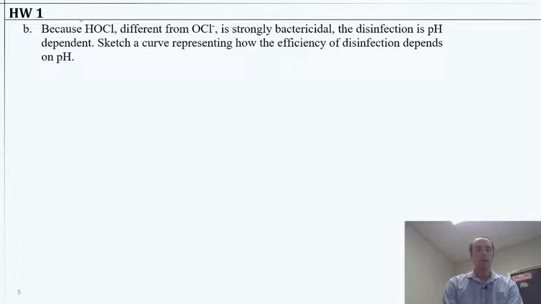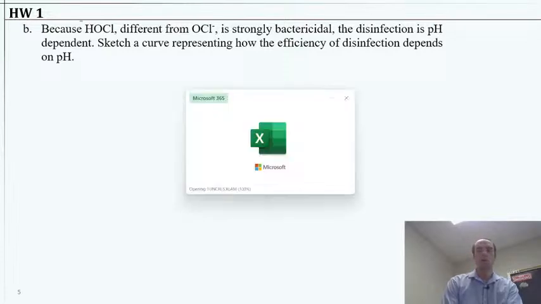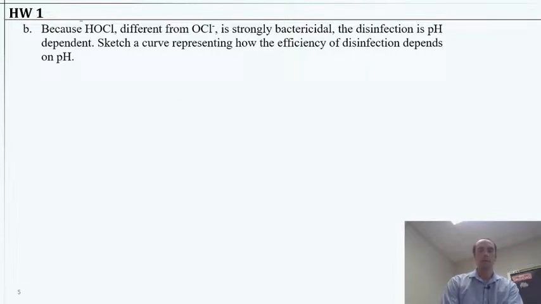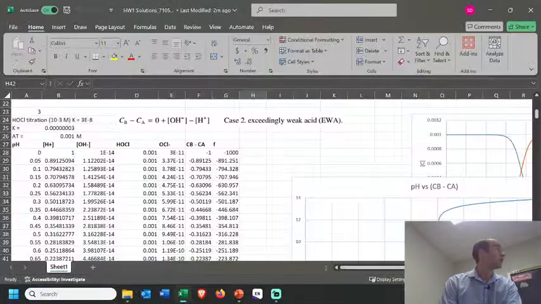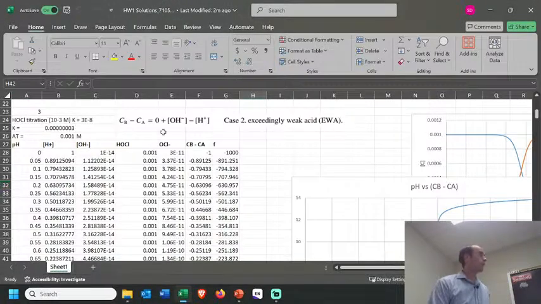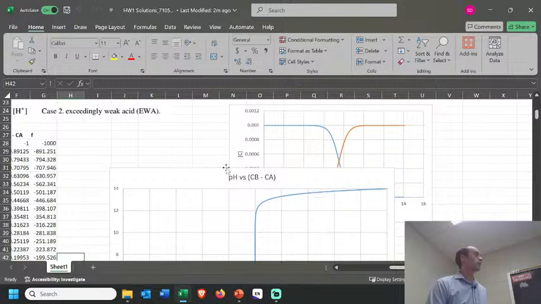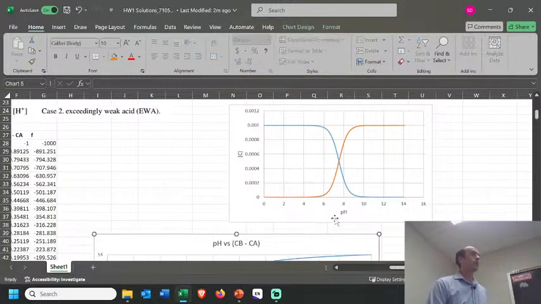I think it'll make more sense when I show it to you on Excel again, because we can see the other graph that I made is showing alpha 1 versus alpha 0 versus pH.